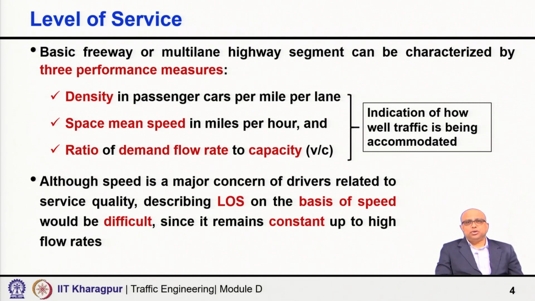Although speed is a major concern to drivers related to service quality, for basic freeway and multi-lane highway segments, use of speed as a performance measure is a little bit of a challenge. Why? The reason is that speed remains constant up to quite high flow rates.